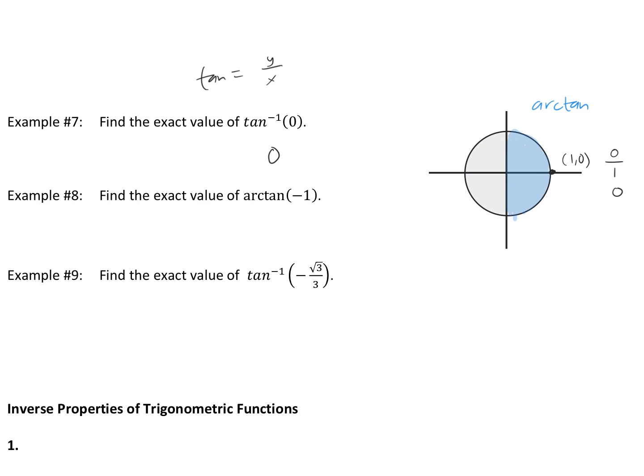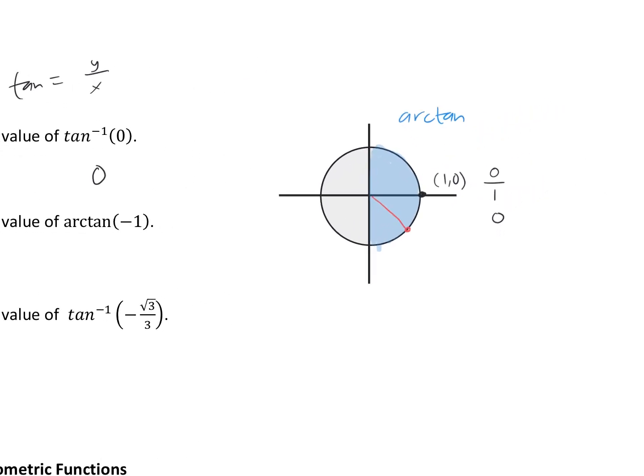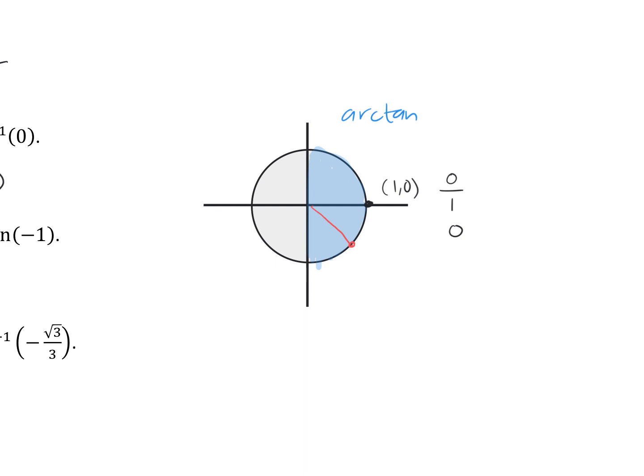Okay. If I asked arctan of -1, so that means in these two quadrants, what angle is going to give me a tangent value of -1? If you look at your x's and y's and you start dividing them, if I look at that coordinate point right here, this is the square root of 2 over 2 and negative square root of 2 over 2, right?